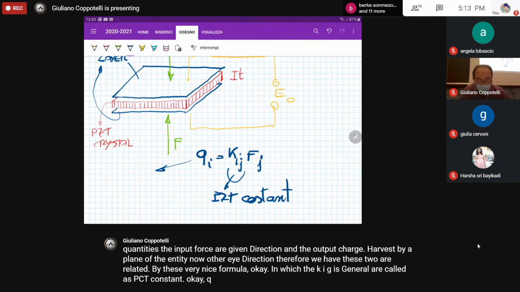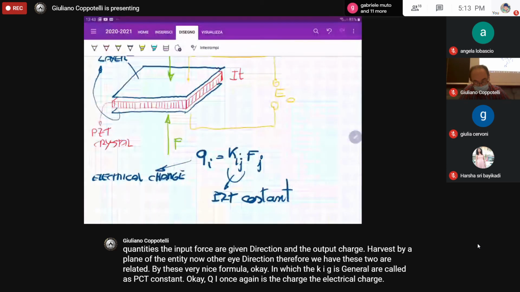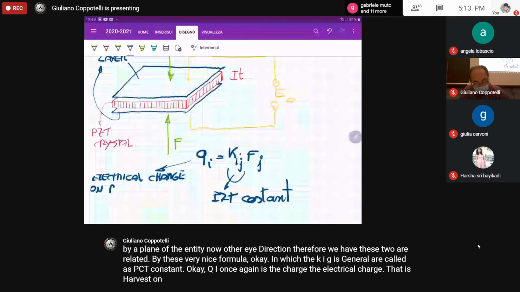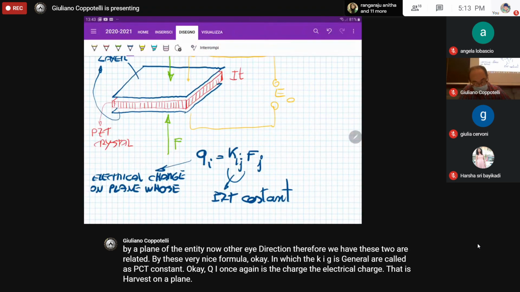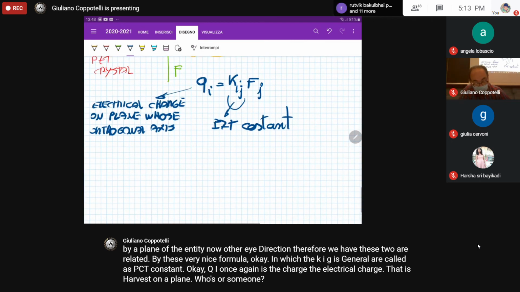Qi, once again, is the electrical charge that is harvested on a plane whose orthogonal axis points in the i direction.